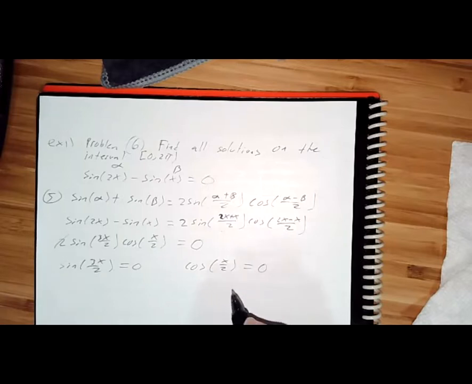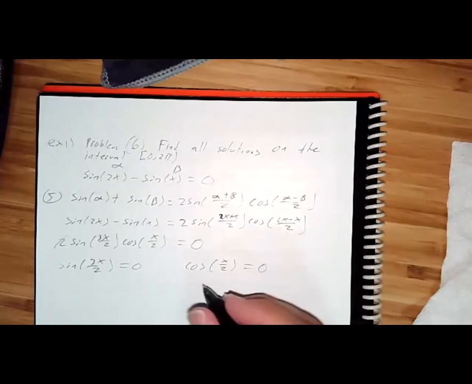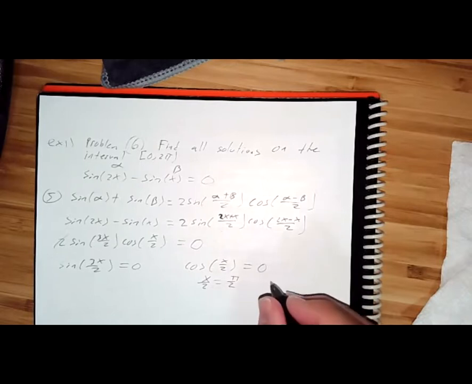So what you can do, try to make this as simple as possible. So when is this equal to pi over 2? When is this equal to 3 pi over 2?